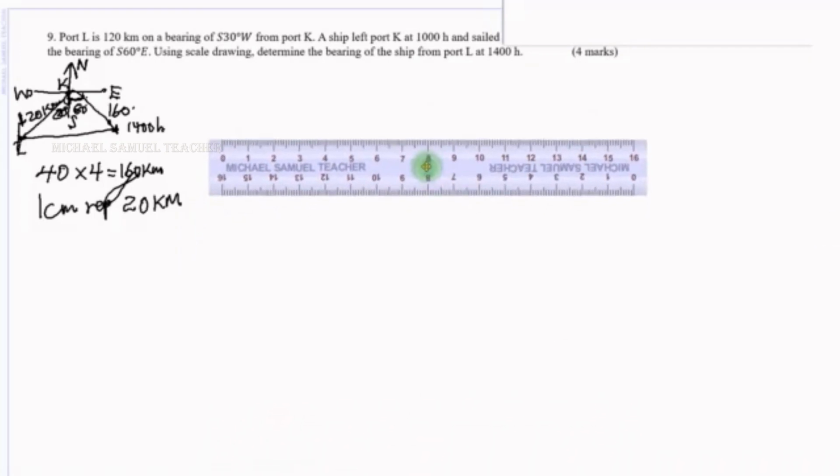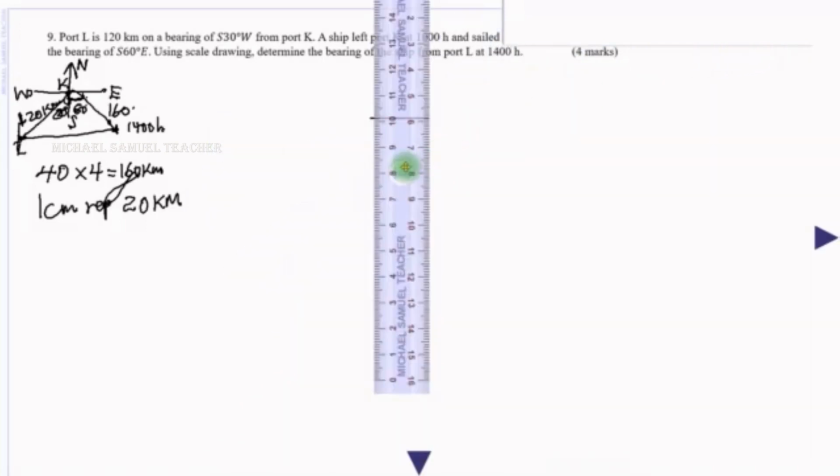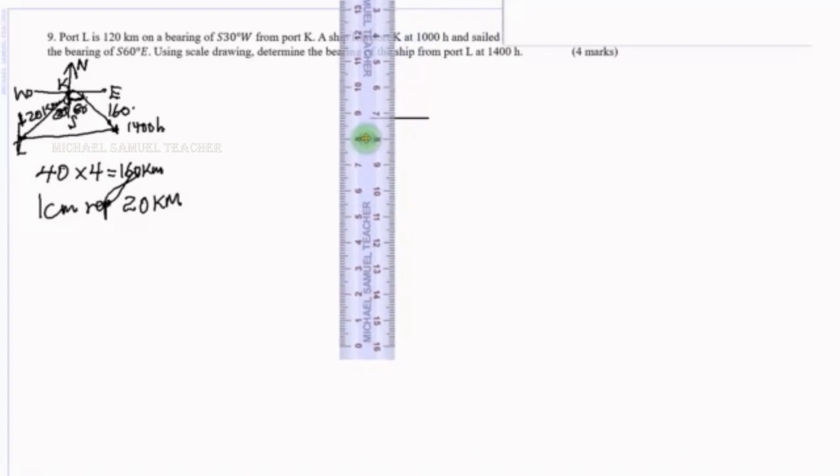So at that point, then draw and also put a perpendicular so that I'm able to draw this point here. That's okay.